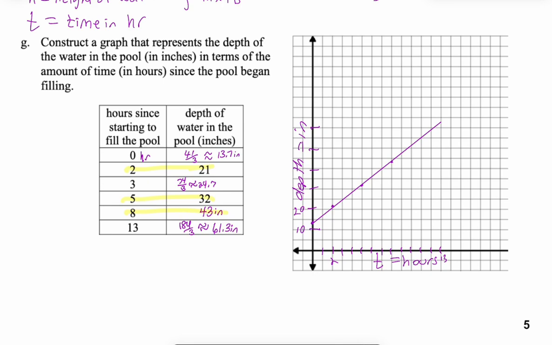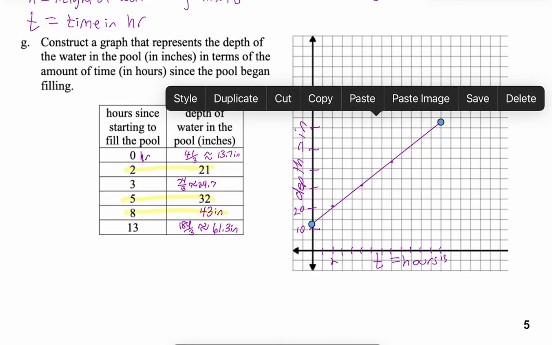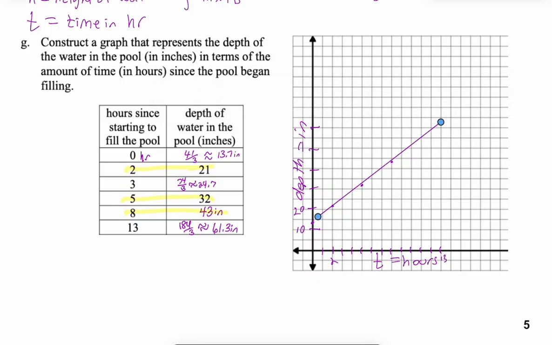And that should be the 61.3 mark. Obviously, I didn't line up perfectly. It's pretty close, yeah. Okay. So that is our graph.